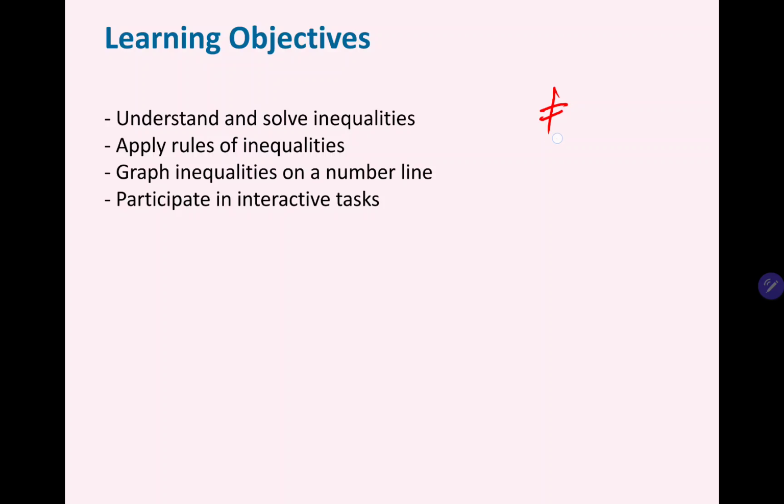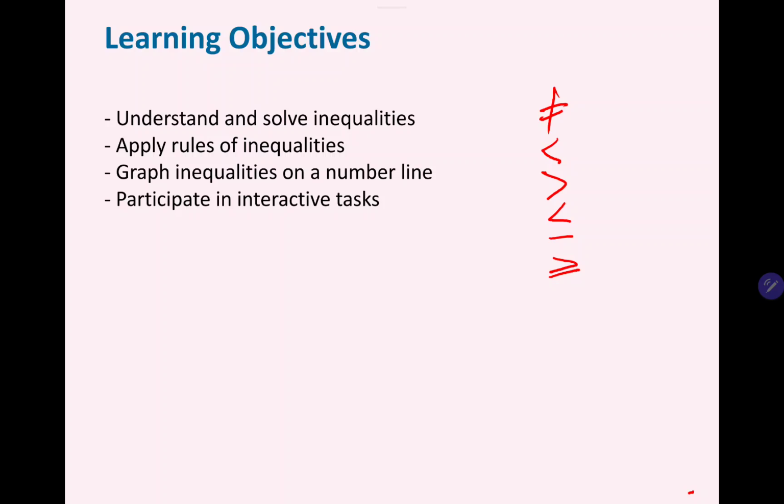The second one is the less than sign. The third one is the greater than. And the fourth one is the less than or equal to. And the fifth one is the greater than or equal to sign. So these are the signs or the symbols for inequality.